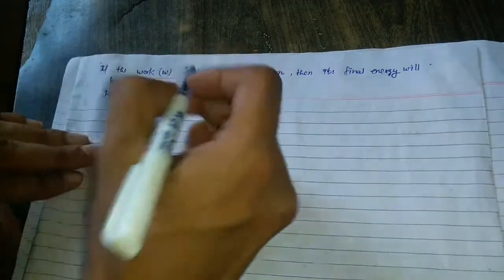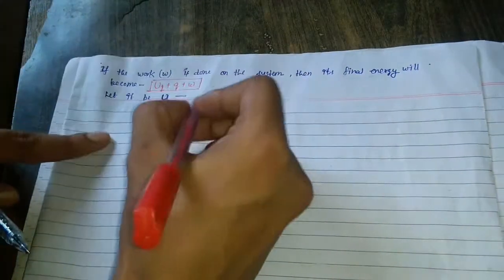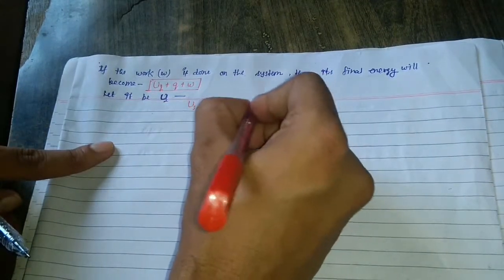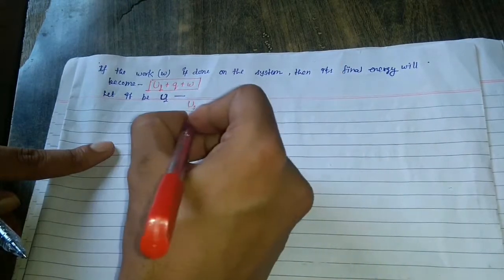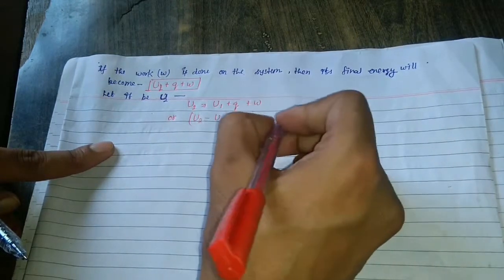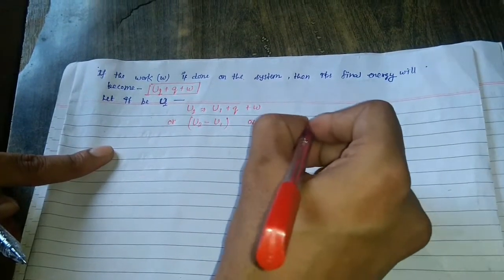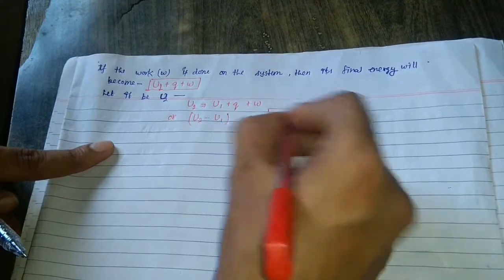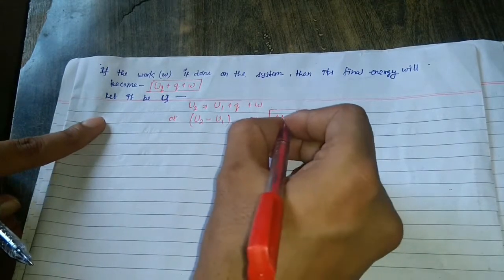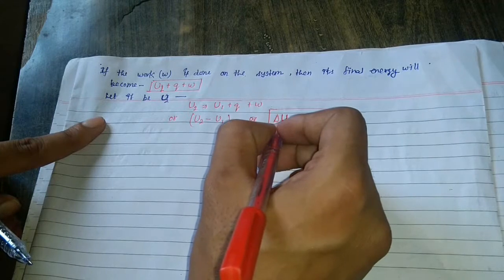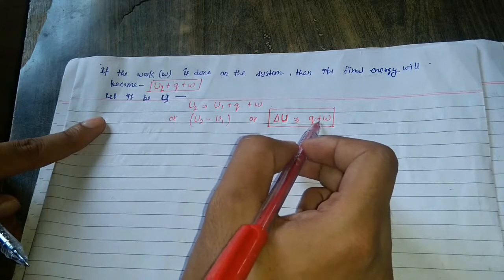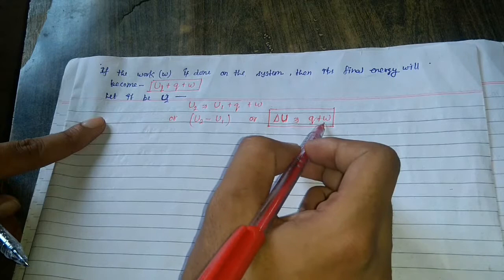So U2 equal to U1 plus Q plus W, or U2 minus U1, or del U, will be Q plus W. Okay, because here is the change in internal energy, which is denoted by del U. So change in internal energy del U is equal to Q plus W. Q, you know, is the heat energy, and W is the work.